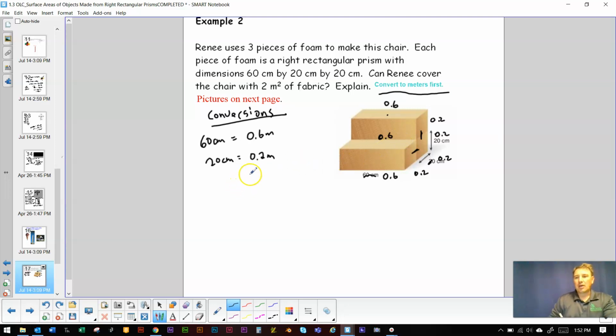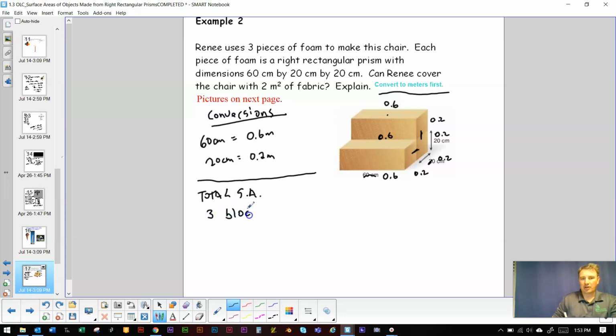So let's do the model where we figure out the total surface area if these 3 blocks were disconnected and they were all sitting side by side. How much surface area do we have for all of these? All right, so our total surface area. We've got 3 pieces of foam.